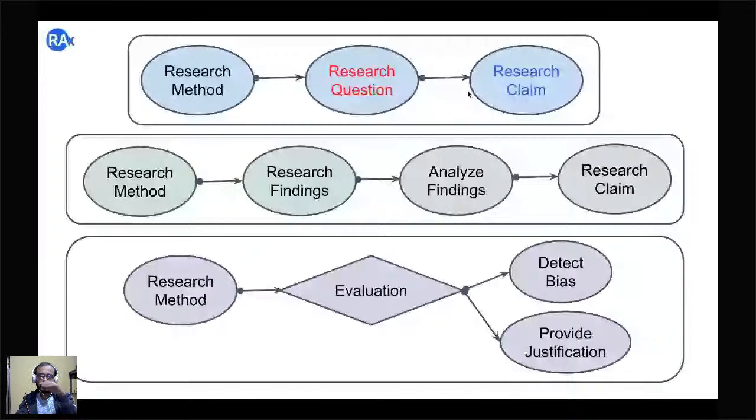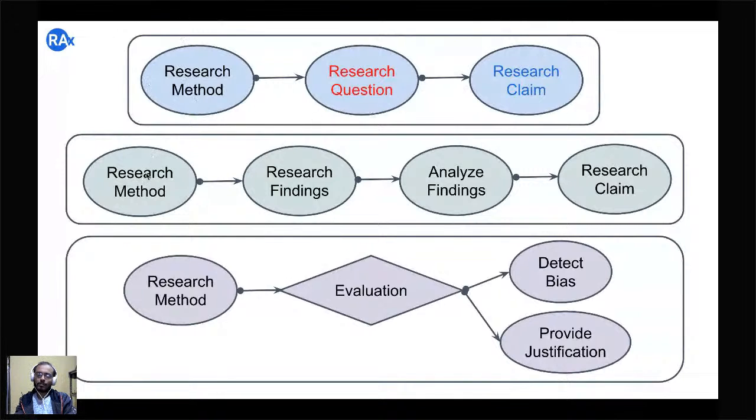This is the original contribution. You want to claim something about this research question, which means you address the research question and you claim something. And to address it, the method that you take is the research method, right? So this is the general scheme.